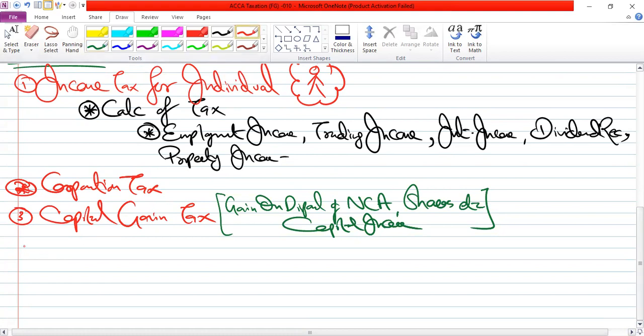Yes, sir. The fourth one is inheritance tax, IHT. What is that? If a person dies, he will leave everything for his son or his daughter, correct or wrong? Yes, correct, sir.